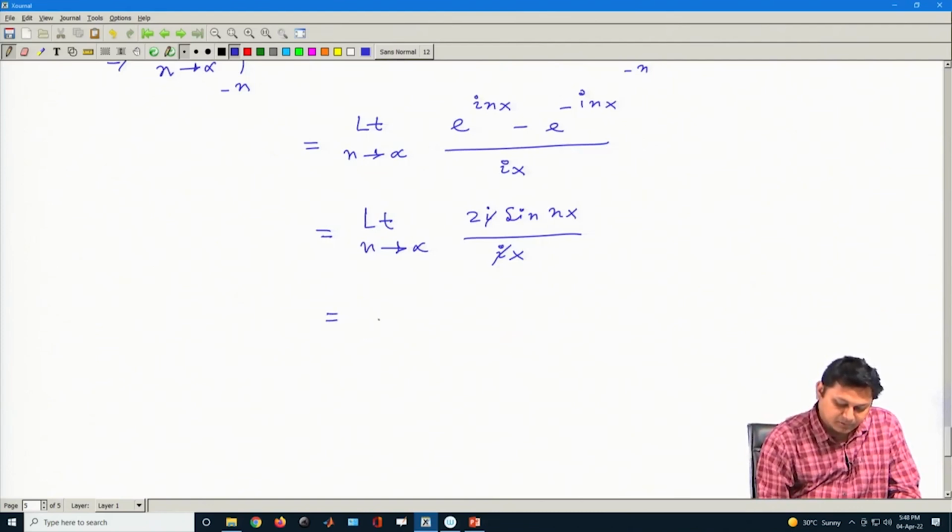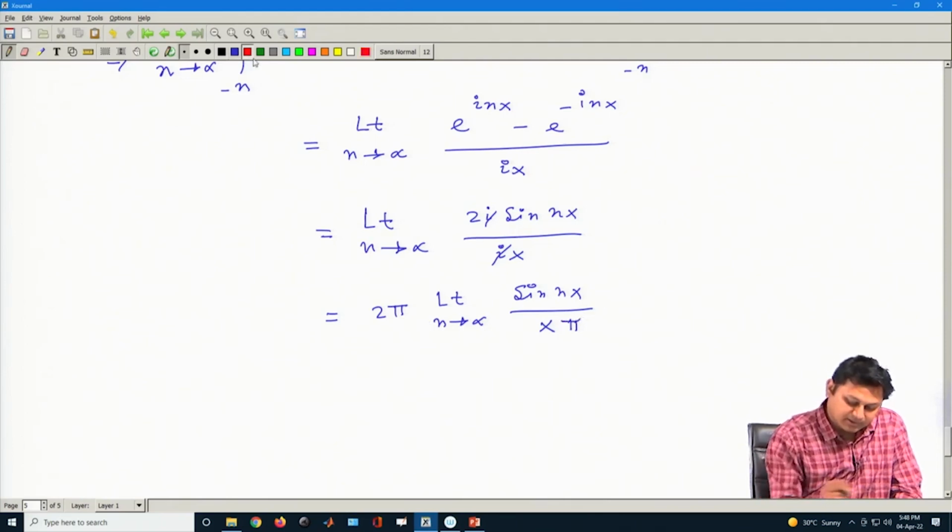Eventually we have a term like 2 pi, I put another pi, limit n tends to infinity of sine(nx) divided by pi x, because I put another pi.